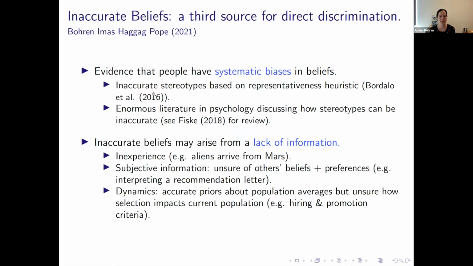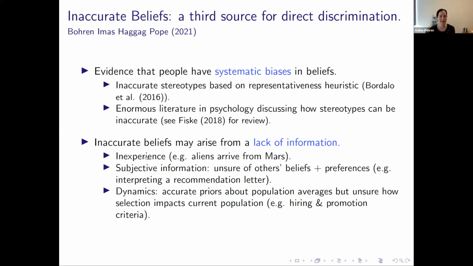Lastly, it could be that people have pretty accurate priors about population averages, but inherently we're in a dynamic world and people are unsure about how selection impacts the current population. So maybe you have a relatively accurate model of, say, productivity for people who arrive at an entry-level position from university, but if there's discrimination or selection in the pipeline, then once you reach the promotion stage, you have a less accurate model of how that distribution, conditional on reaching a given stage, has evolved across time.